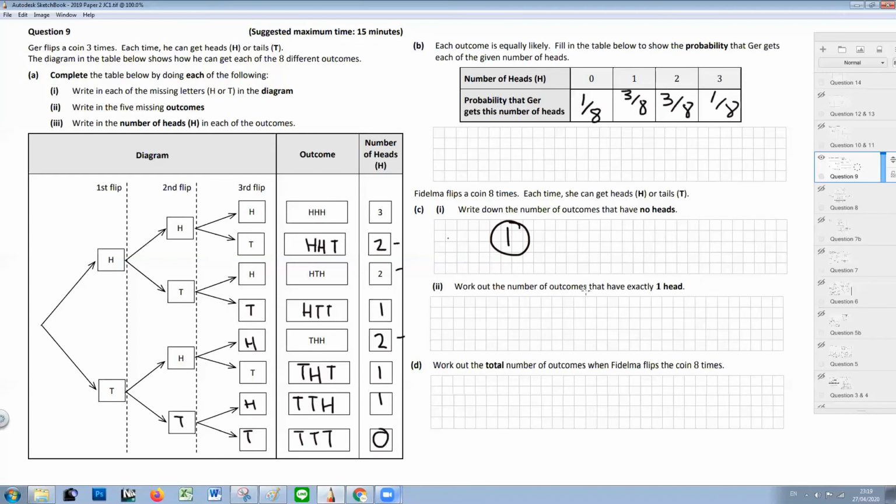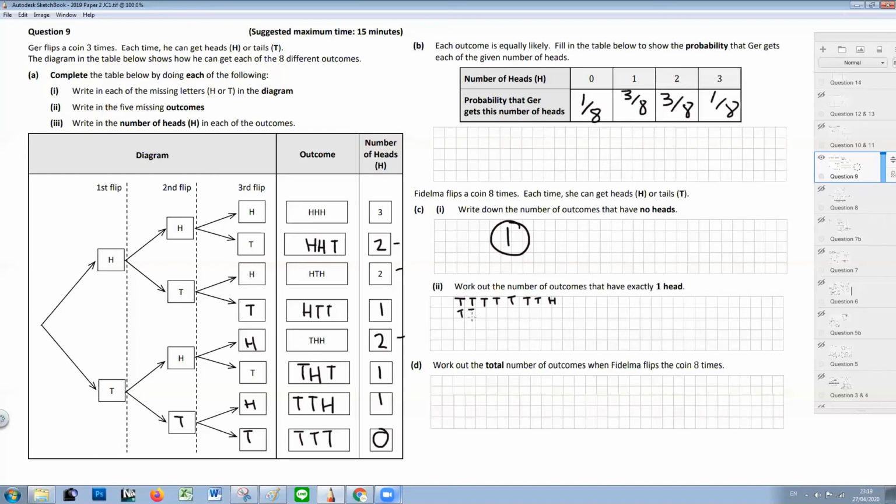Work out the number of outcomes where she has exactly 1 head. So think about this for a second. If we look at this one and we did it for 8 times, she had a tail, a tail, a tail, a tail. So that's 4, 5, 6, 7, and she eventually throws a head. Now, I'll do it for 1 more line.